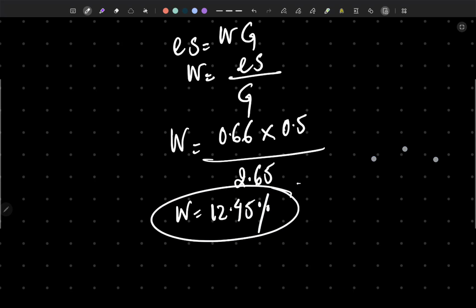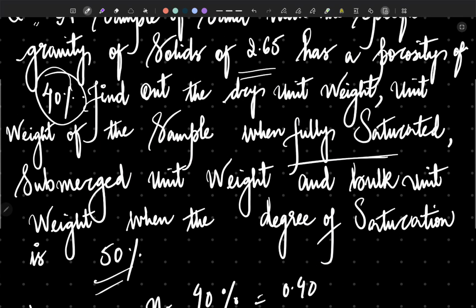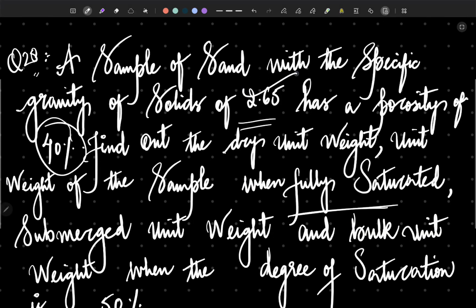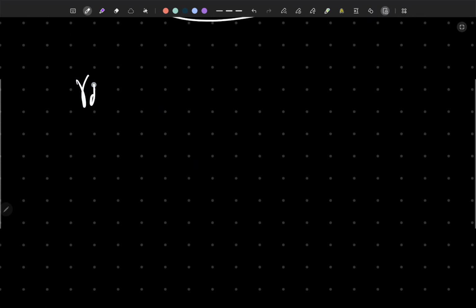Alright, let's move to find part 1. It has these parameters. We have to find out the dry unit weight and the unit weight of the sample. Let's find the dry unit weight first. Dry unit weight as given by the generalized equation is G times density over 1 plus e.